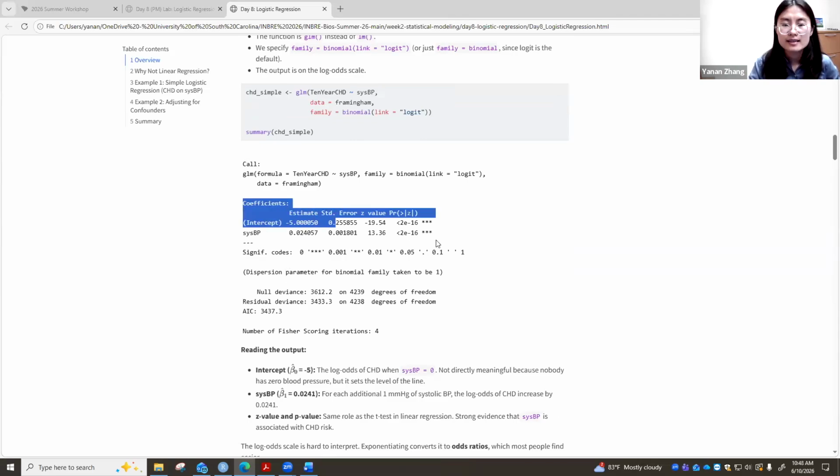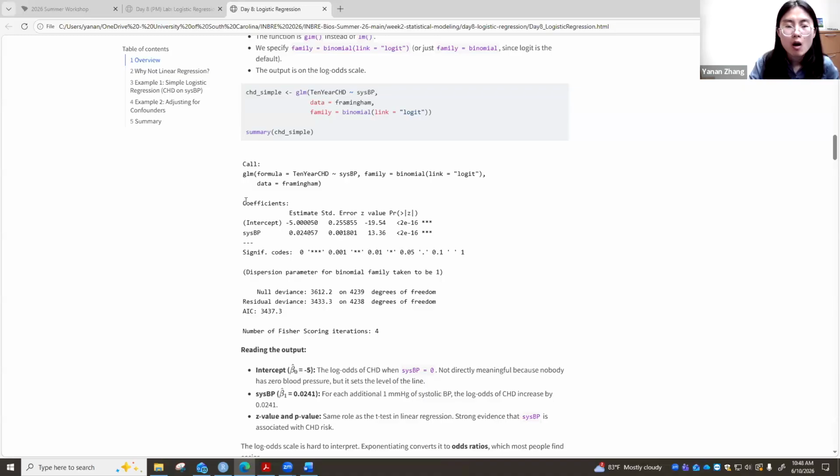This table gives us the estimated coefficients. The first column is the estimated beta. The second column is the corresponding standard error, then the corresponding z-values, and the last column is the p-values.